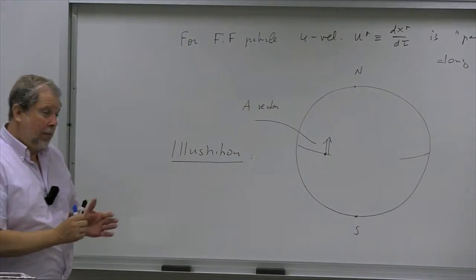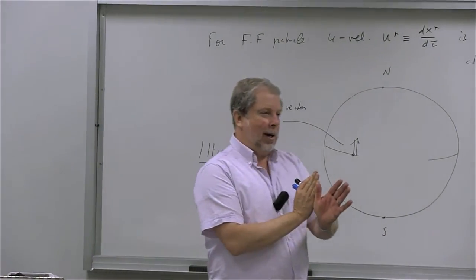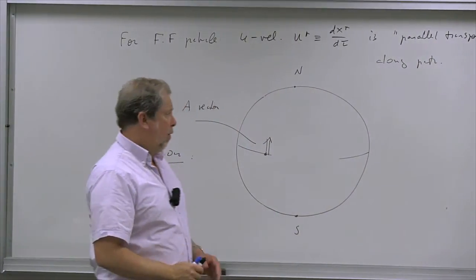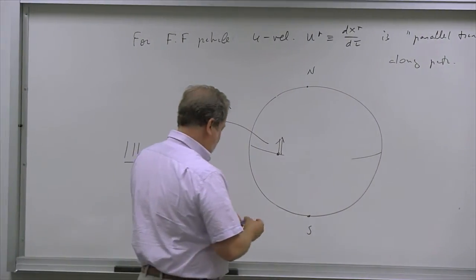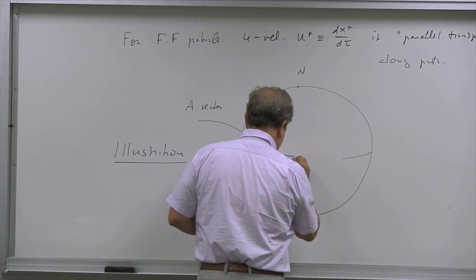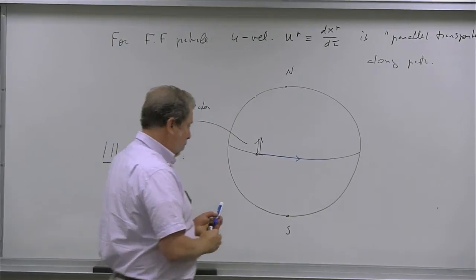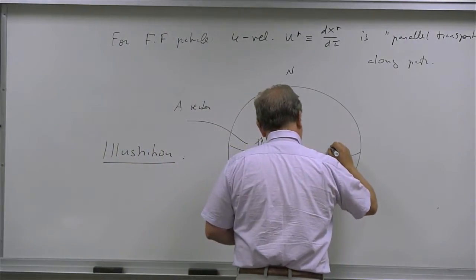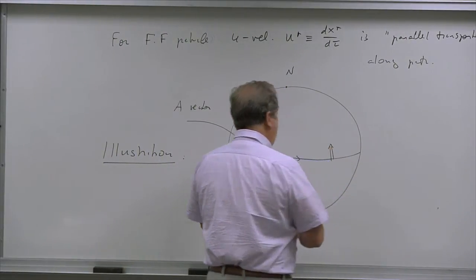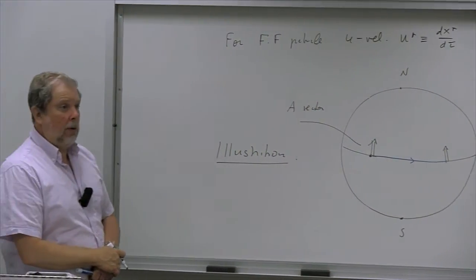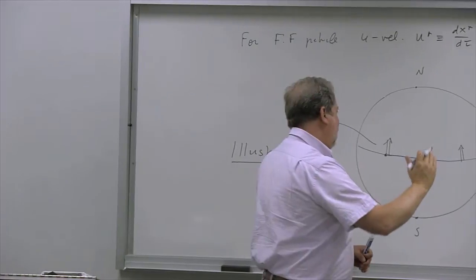And parallel transport means that the vector is always kept parallel to itself, right? Just like the velocity is always following the path. In this case, the parallel transport is going to be done along this path here. So we're going to go from that point to this point. And when you parallel transport, say, along the equator, you're going to end up with a vector that will still point towards the North Pole, right? So you walk around like this.